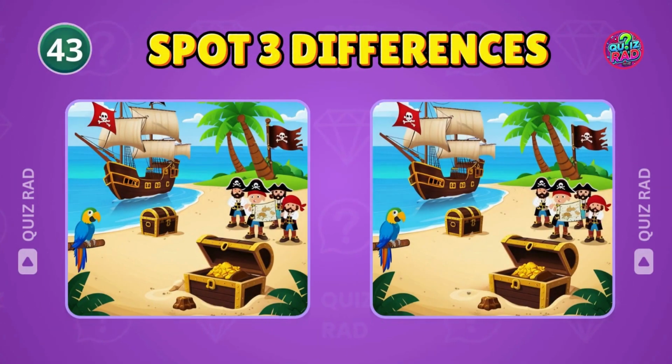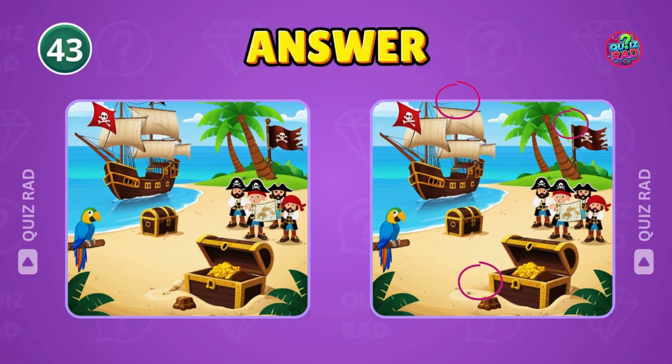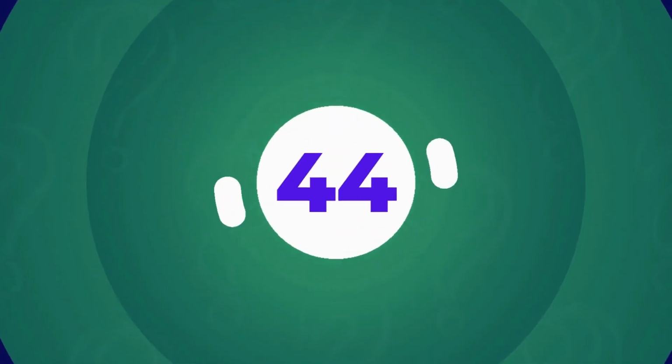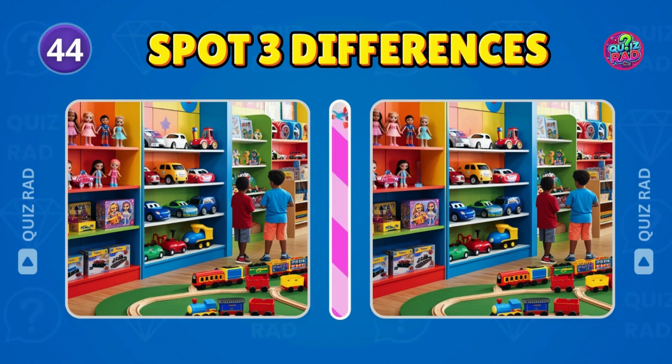Don't blink. What's changed in the picture? Here's the challenge. Can your sharp eyes catch it?